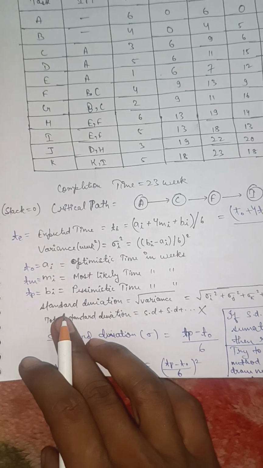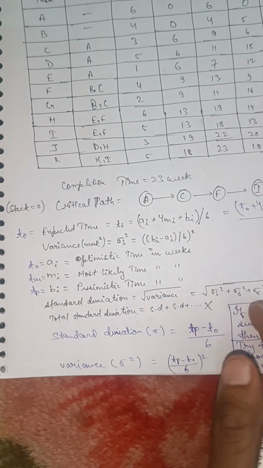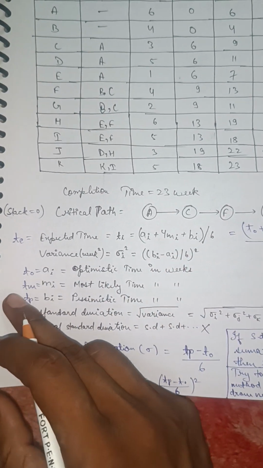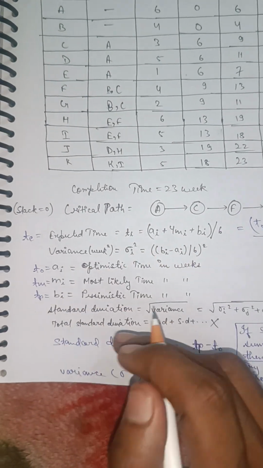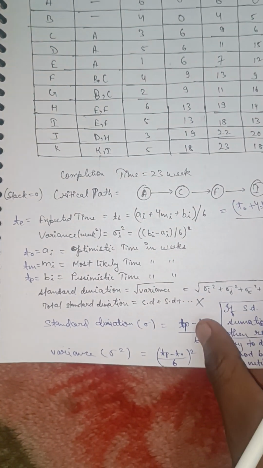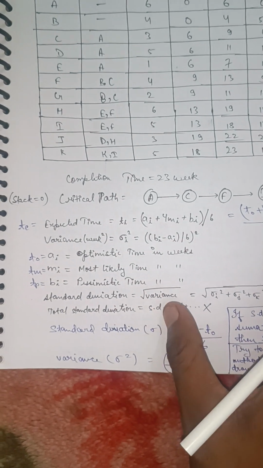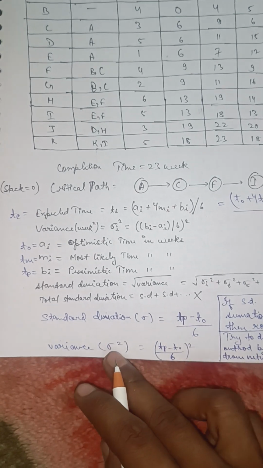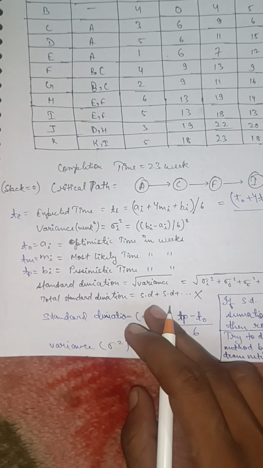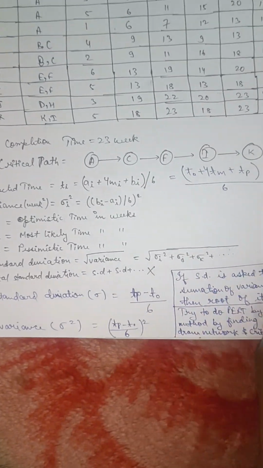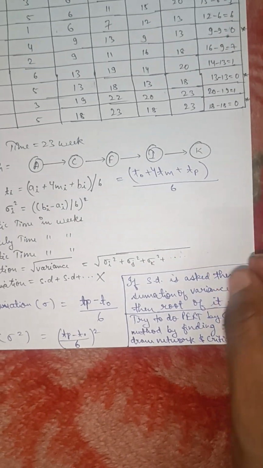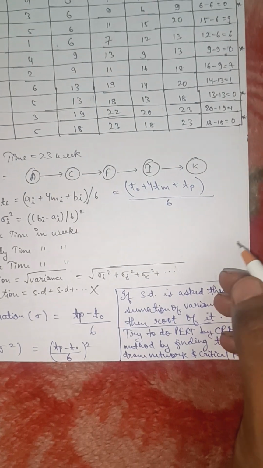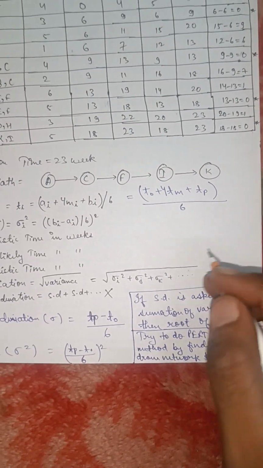And for the standard deviation, we have 3 times, T naught, Tm, Tp. We subtract T naught from Tp and divide it by 6, and we get the standard deviation. Now we get the variance by squaring the standard deviation. Do keep in mind, for any calculation of standard deviation, first calculate the variance and then take the root of it.